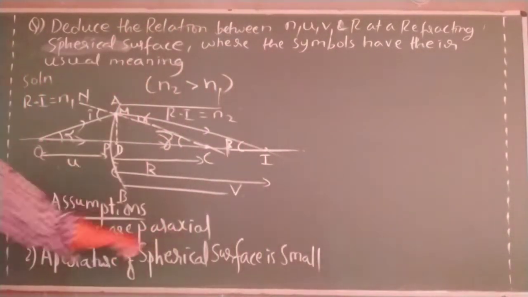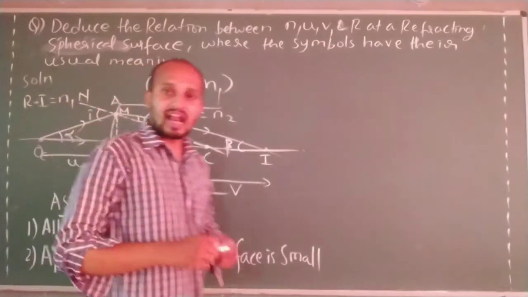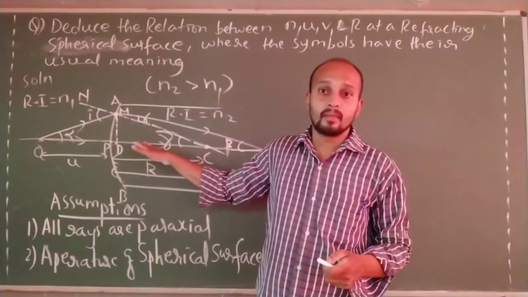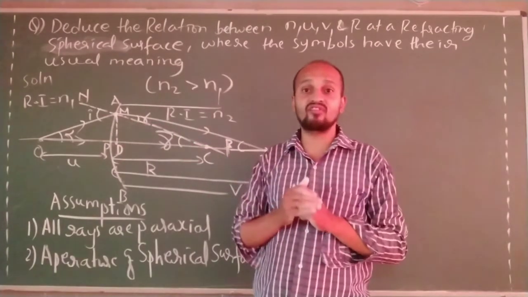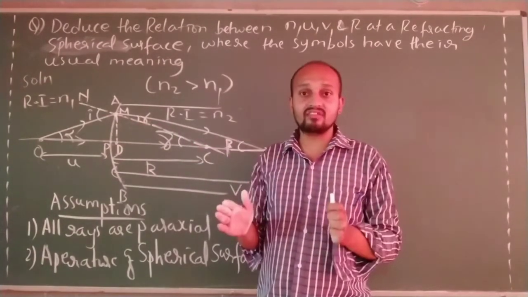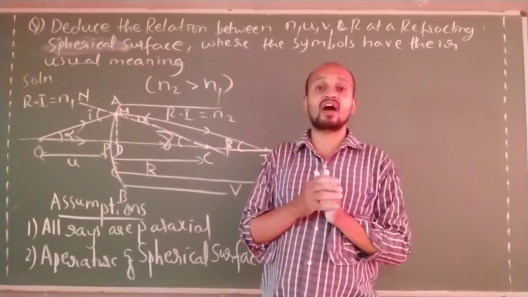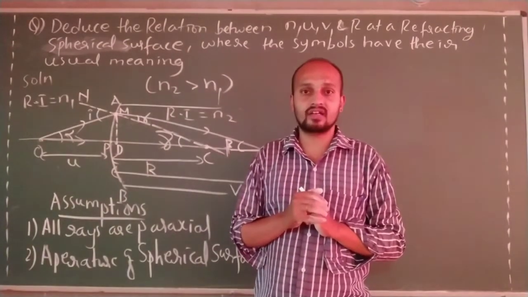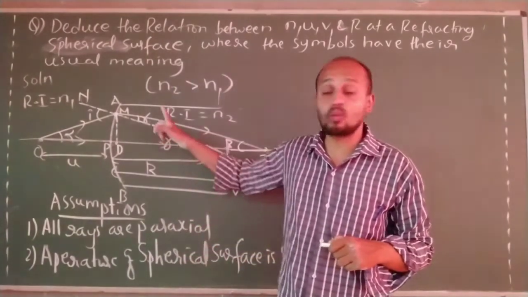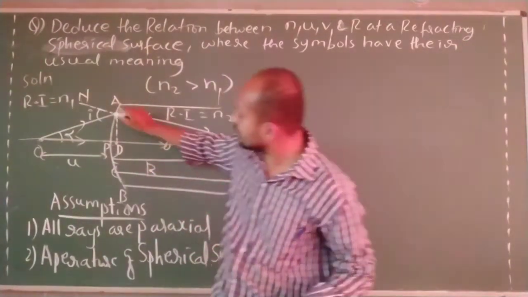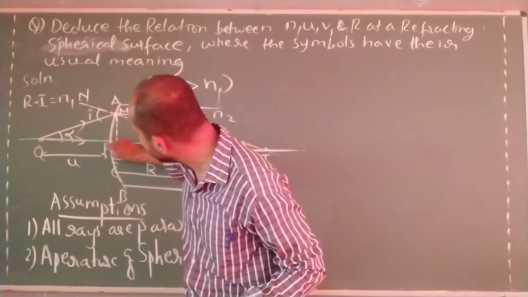All rays are paraxial means this derivation I am doing only by considering those rays which are nearer to the principal axis. Second one, why must the aperture be small? Aperture means the size of this refracting surface.